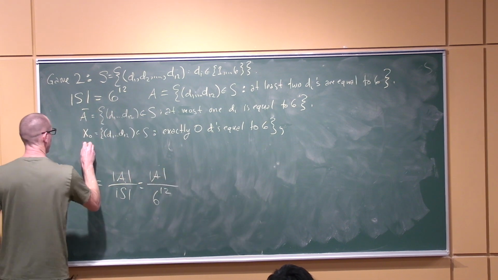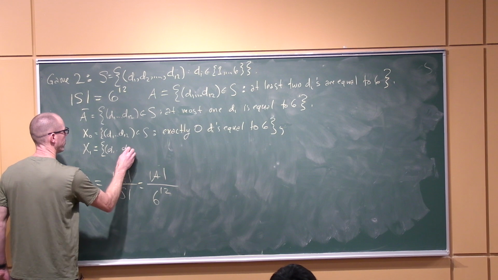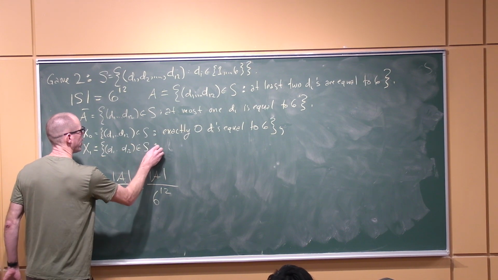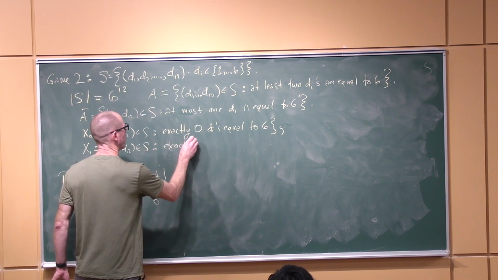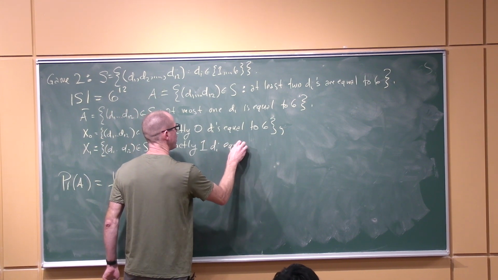And x1, the same thing, except now we want to know when there's exactly 1 DI equal to 6.